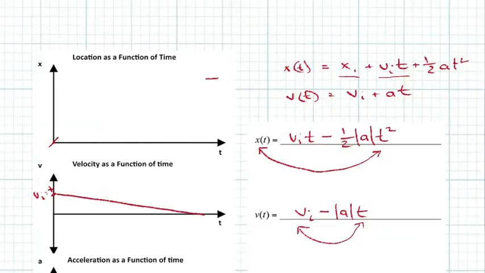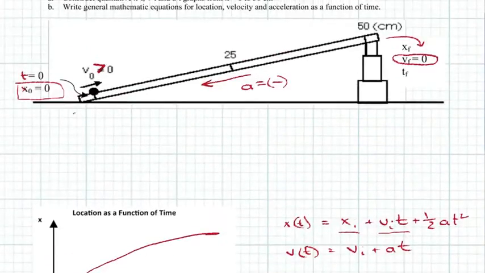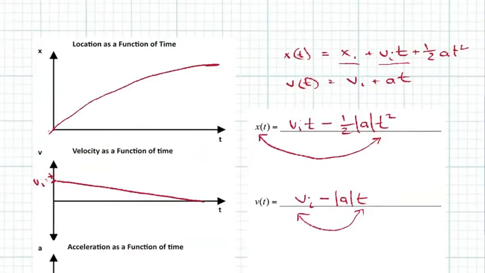There we go. There we have it. In our x as a function of time, it's gaining displacement because we're going from 0 to 50, but we're losing velocity. We're starting with a positive velocity right here. That's our vi, and our final velocity equals 0.